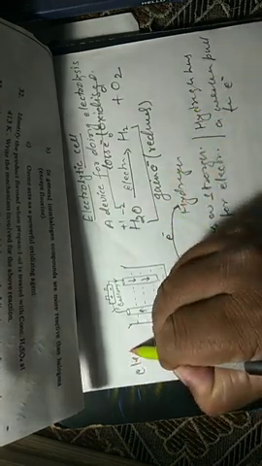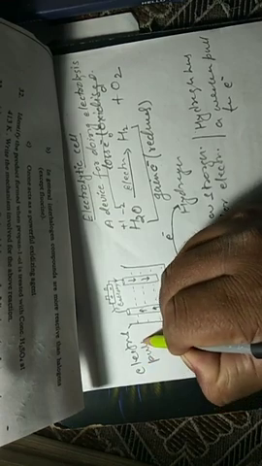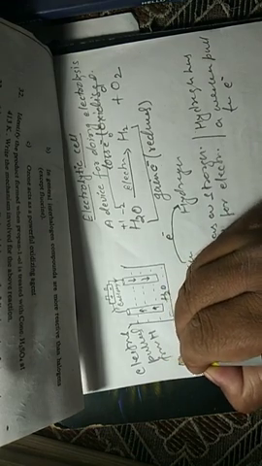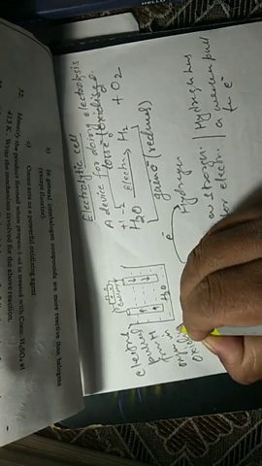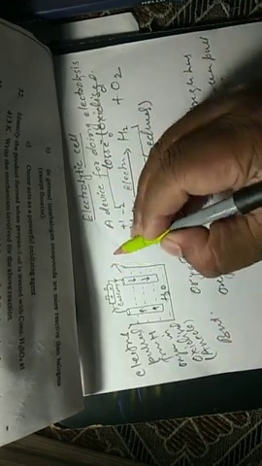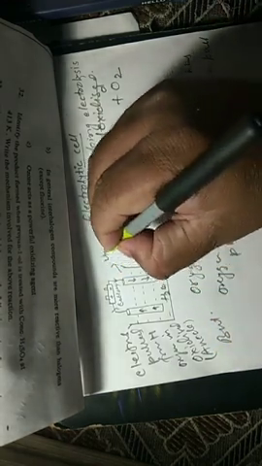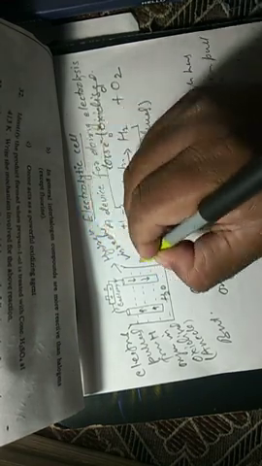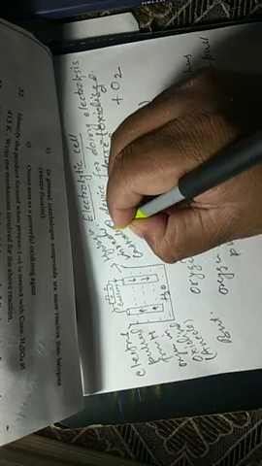Here electrons are pulled from oxygen, then oxygen is oxidized. That's why it is anode. Here hydrogen is reduced, then it is called cathode.